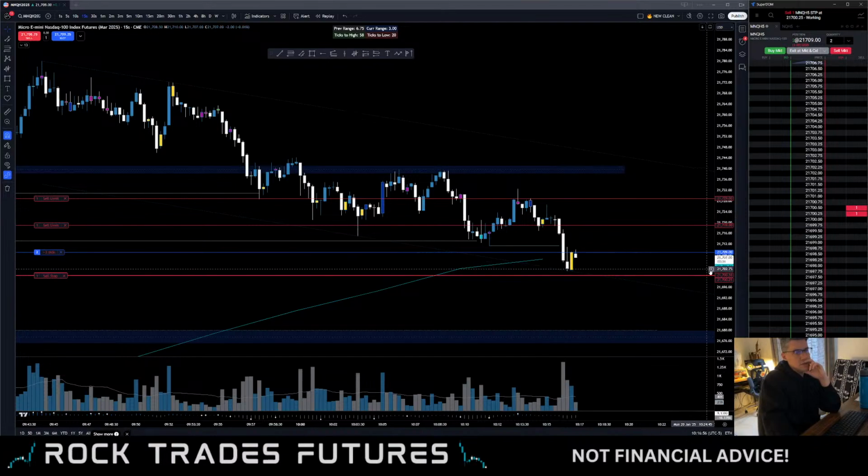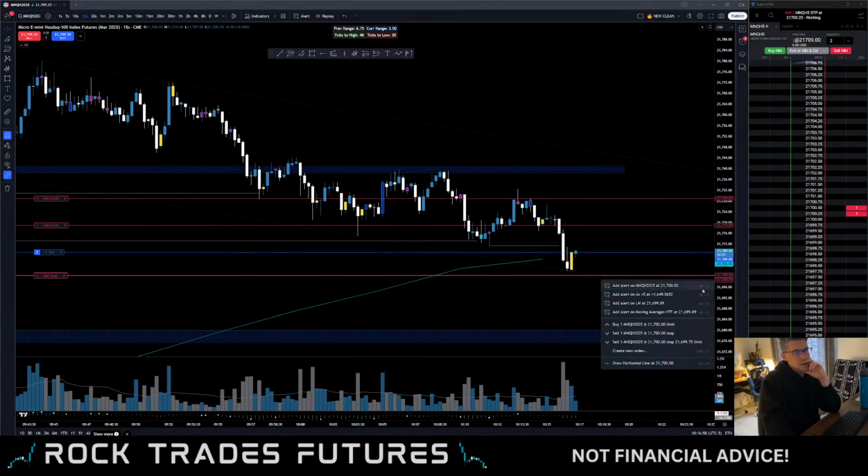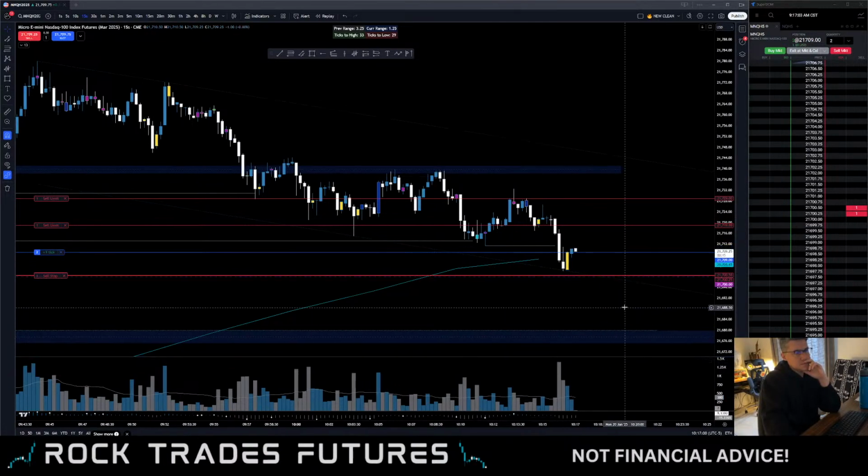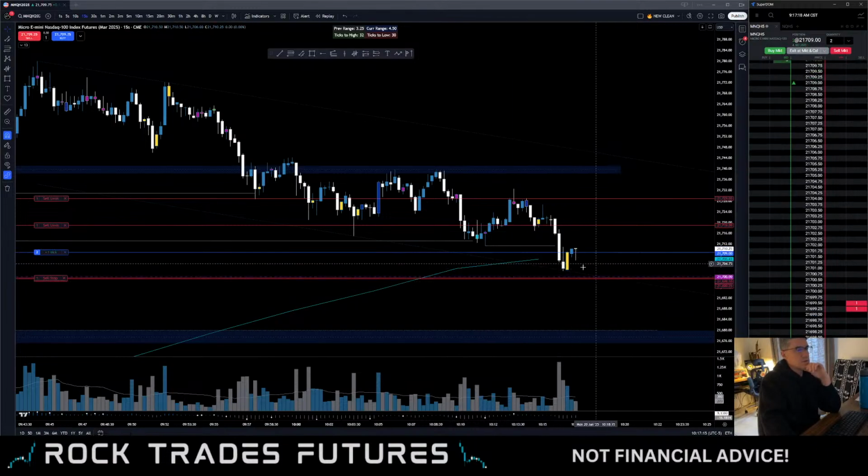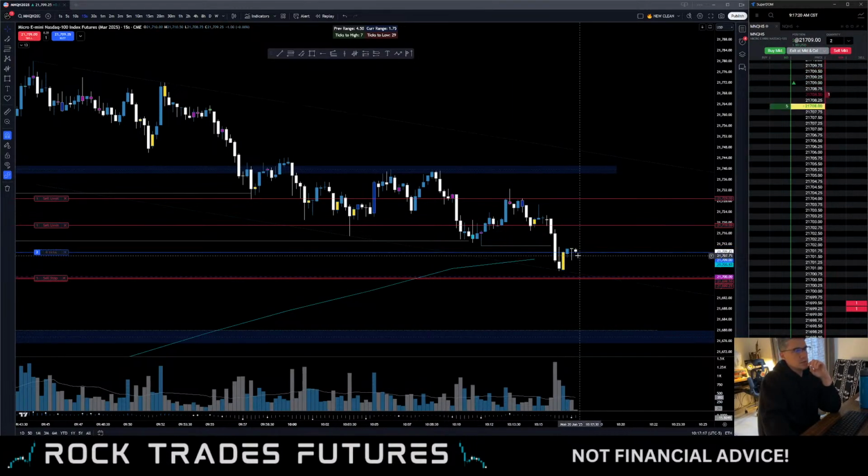Let's see. And we got a psych level here. Let's just drop it just beneath the psych level, just for a little extra luck. We'll call this the luck level. Now we're at the end of a channel, right near the moving average, inside up close bar. This is a legit trade.